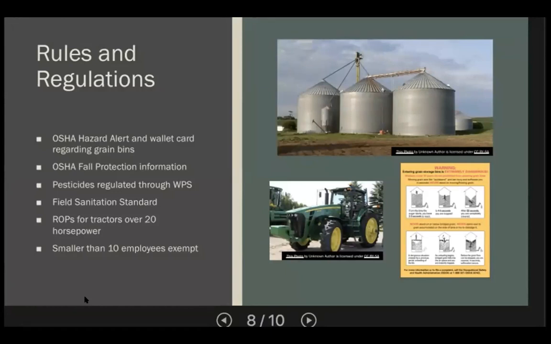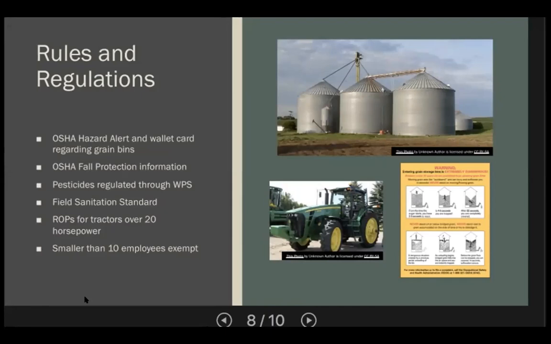Like I said, pesticides are something that are pretty regulated. This is through the Worker Protection Standards, which is under the EPA, and this includes safety training being required for pesticide use, PPE having to be used, logging pesticides, and keeping pesticides properly labeled.